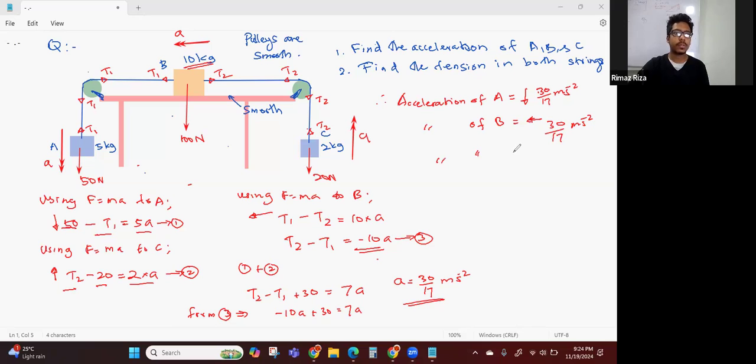And the acceleration of C is upward, 30 over 17 meters per second squared.